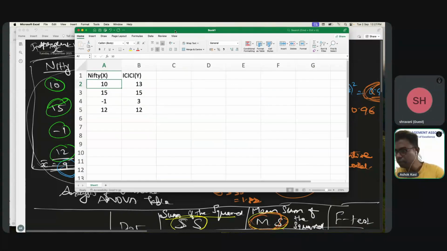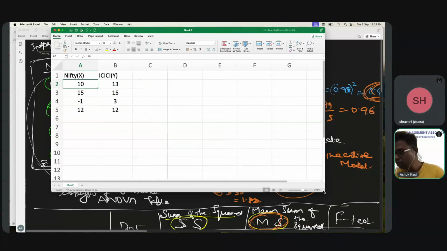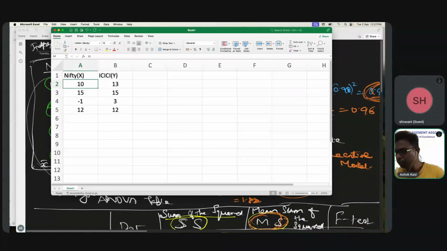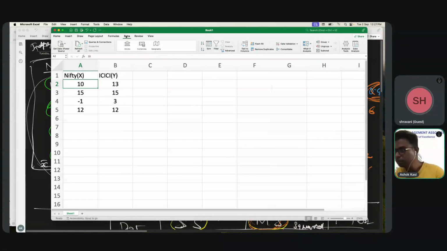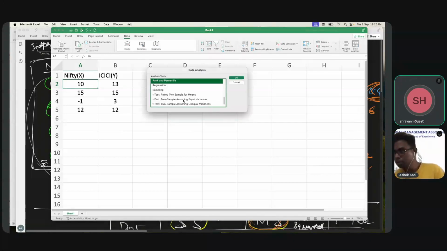Okay, so after this, all I have to do is come to Data, then Data Analysis, then Regression.